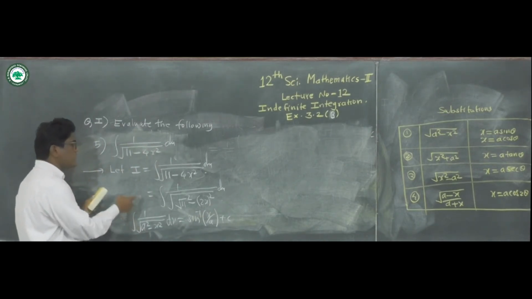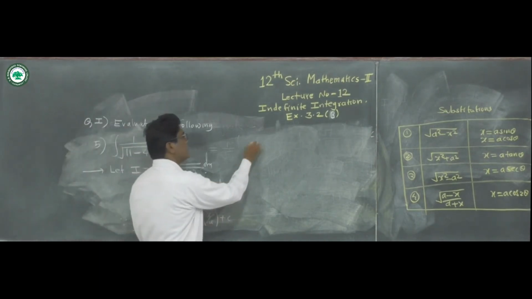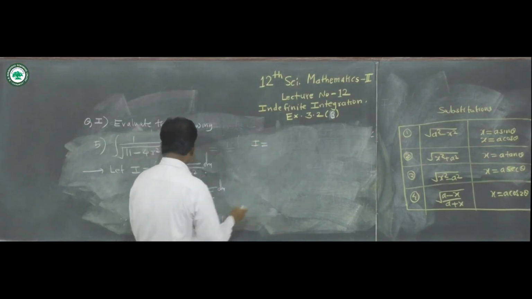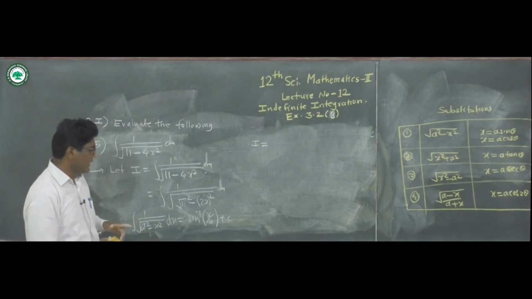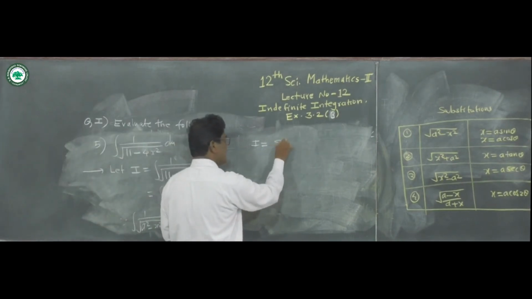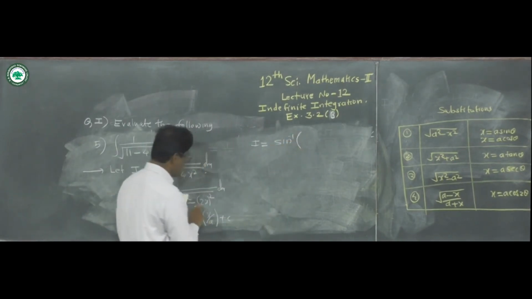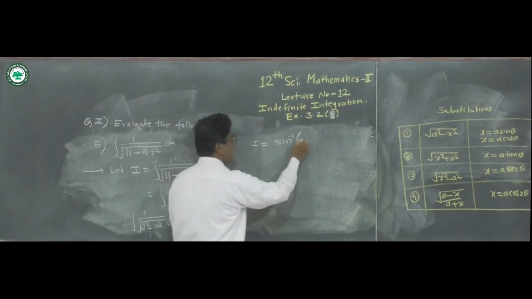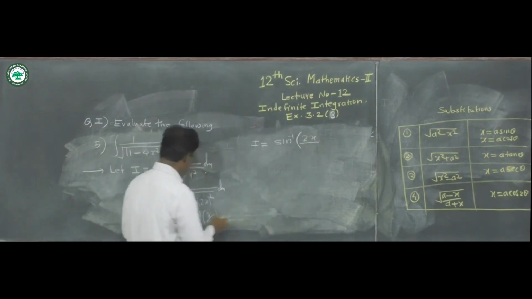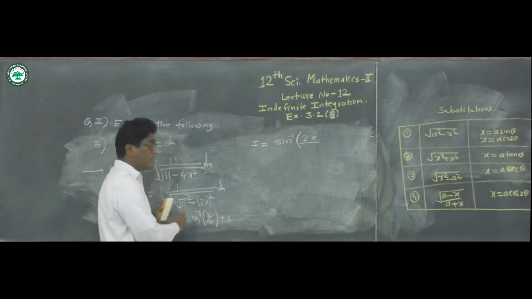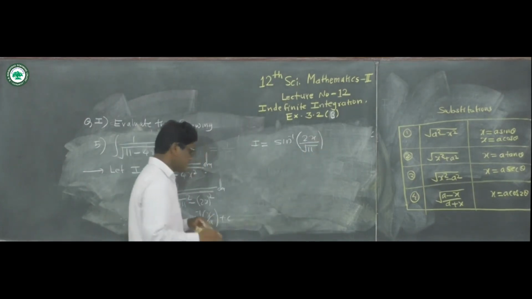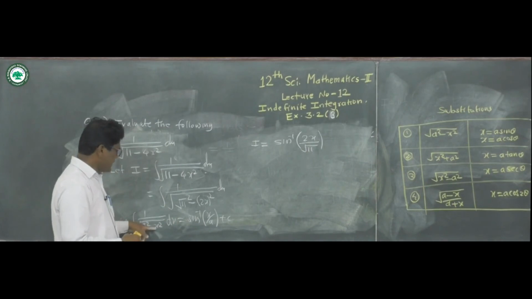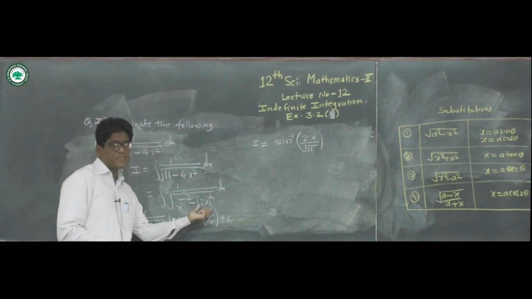Using this formula we write this integral I directly using sine inverse of x upon a. So sine inverse of x is this bracket, that is 2x, upon a, here root of 11. But in the standard formula it is x, and in place of x here is the bracket 2x.